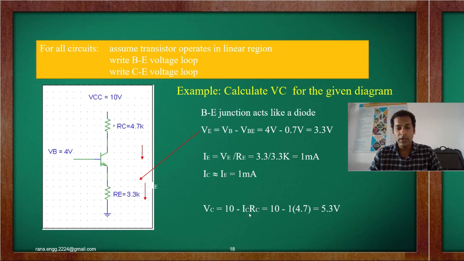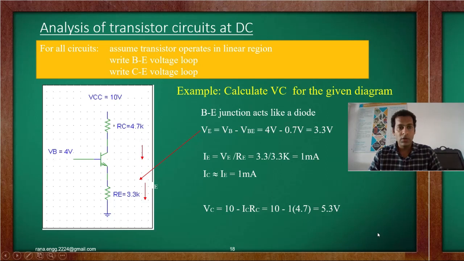So VC is equal to 10 minus IC RC. We have IC, we have RC. We'll take the product. IC is 1 into 4.7. So 10 minus 4.7 is equal to 5.3 volts. So VC is 5.3 volts.